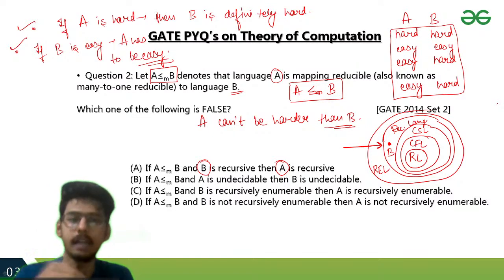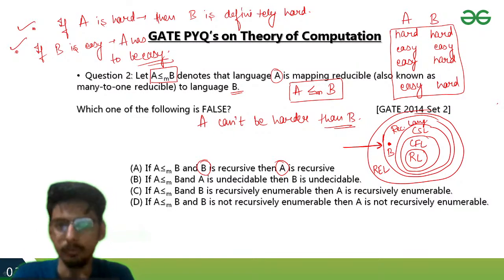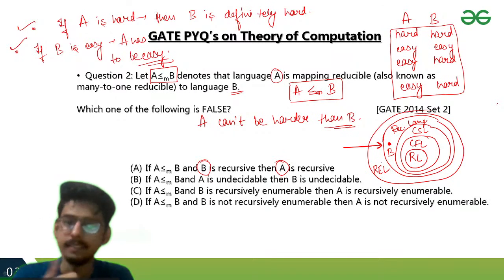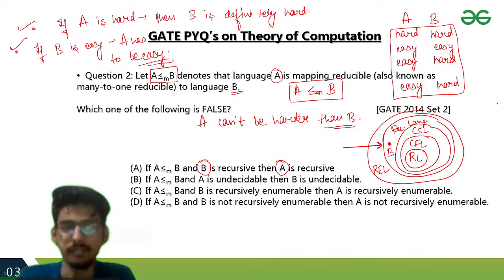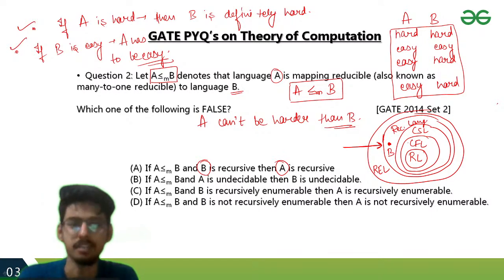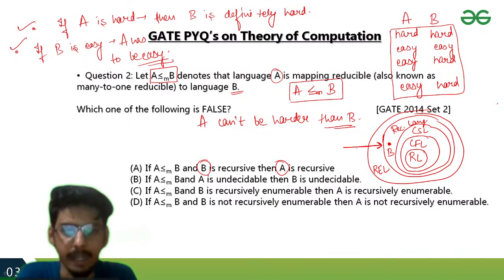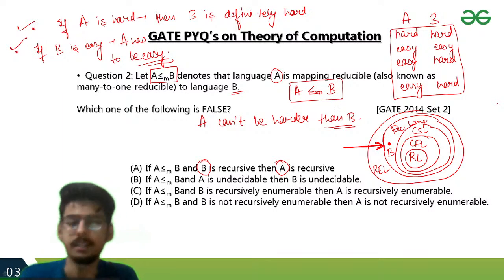The only harder thing after recursive is recursively enumerable. So at max A can be recursive. Whether A is a regular language, CFL, or CSL, it is recursive, because everything present inside this circle is recursive.